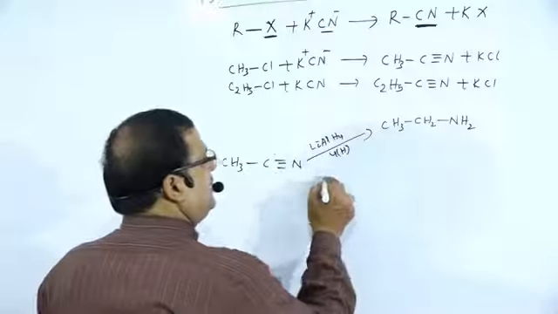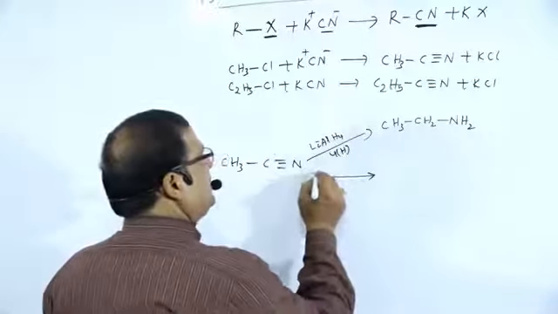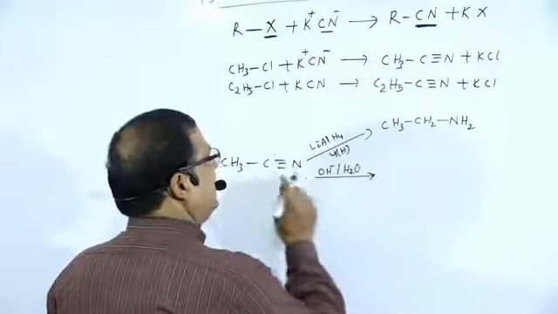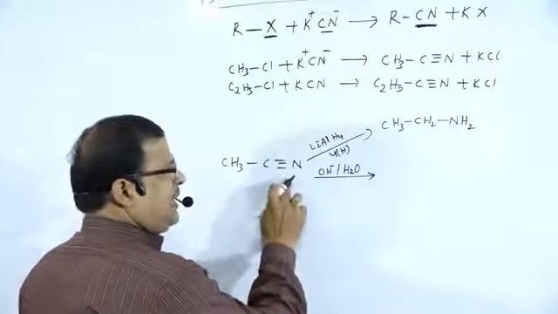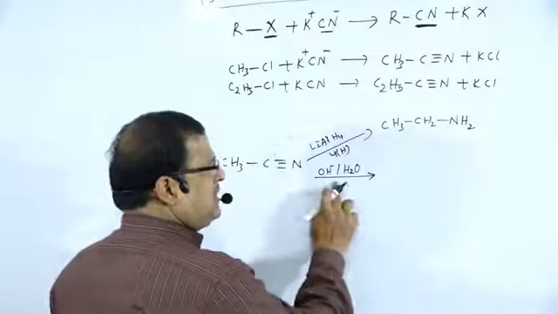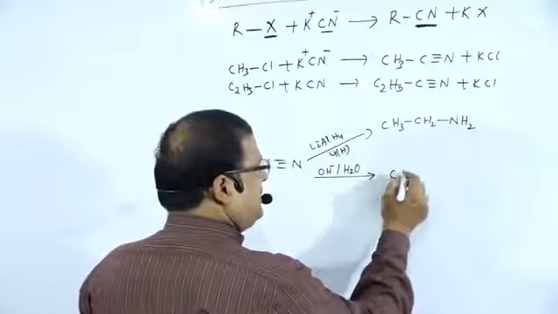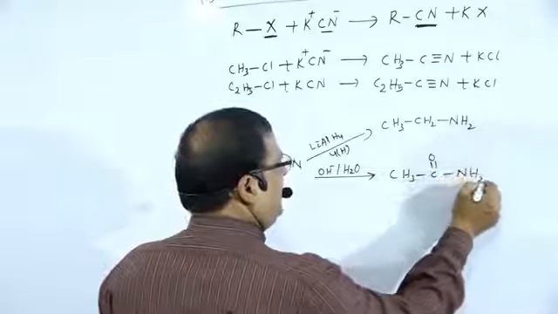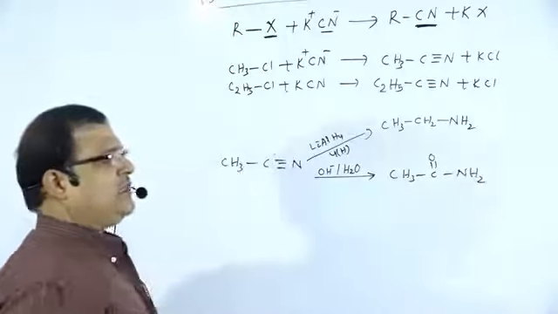In the same way we will analyze the base hydrolysis of alkyl cyanide. Base hydrolysis gives CH3 C double bond O NH2, that is acetamide.